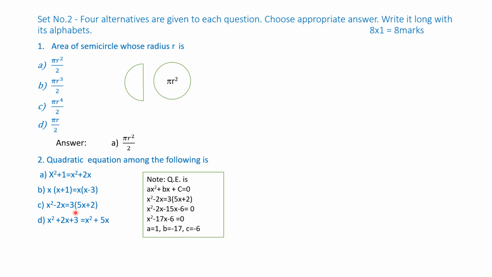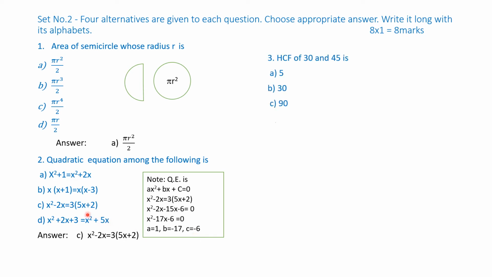Therefore, x square minus 2x minus 15x, it becomes x square minus 2x minus 15x minus 6. So this is x square minus 17x minus 6, where a is equal to 1, b is equal to minus 17, c is equal to minus 6.